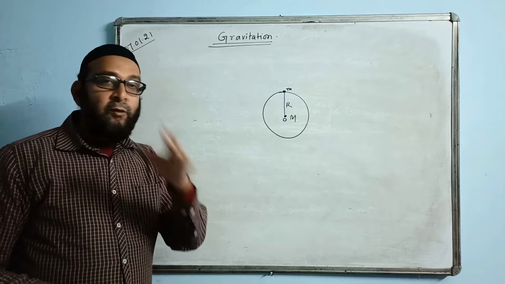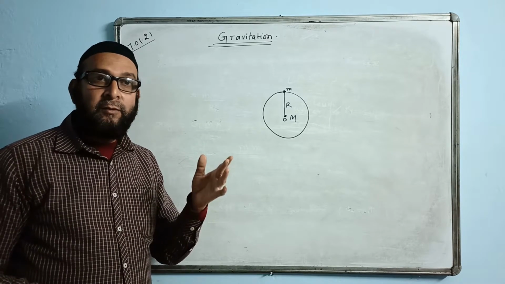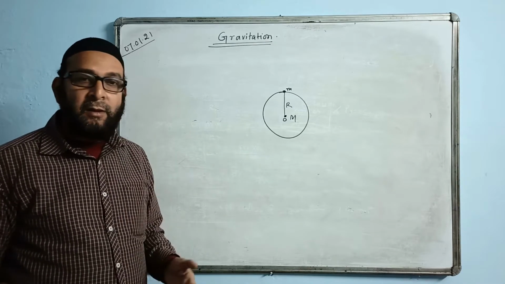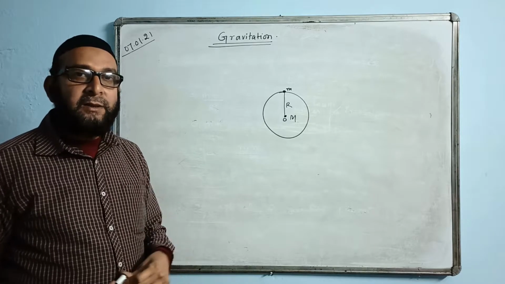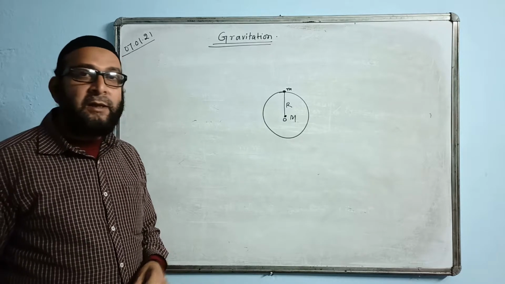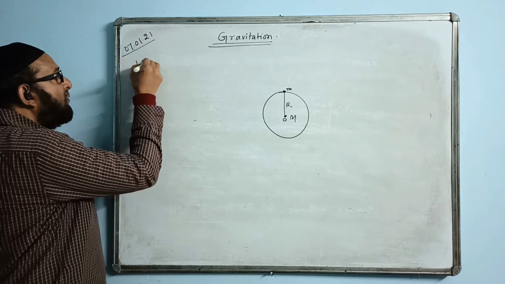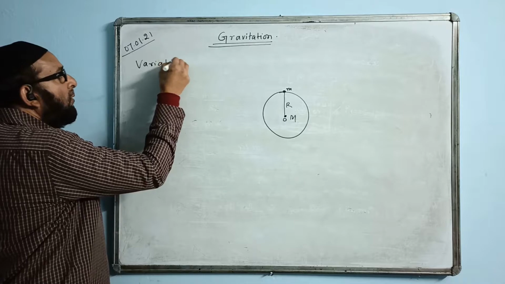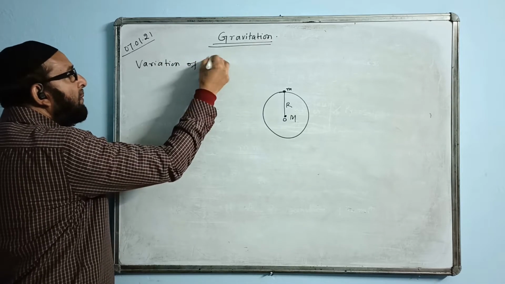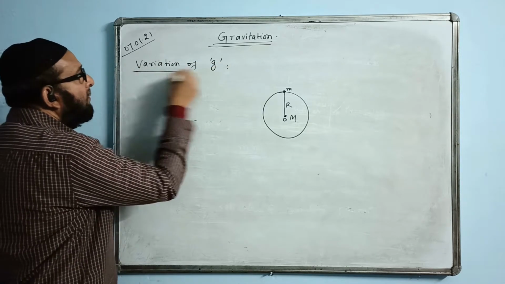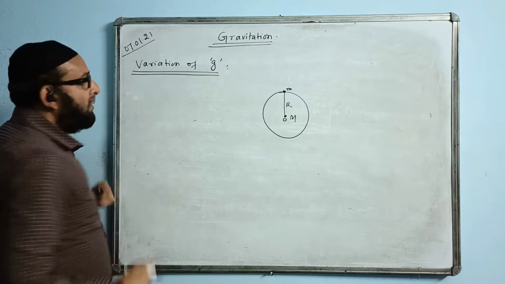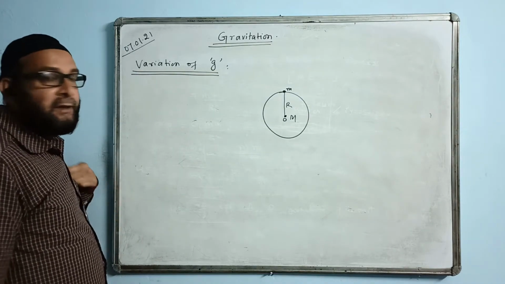But capital G value is the same everywhere, even in the vacuum. As long as we are in the universe, the value of capital G is the same throughout. It does not vary, whereas small g is variable. That's why we study the variation of small g, not capital G, which is a non-variable quantity.